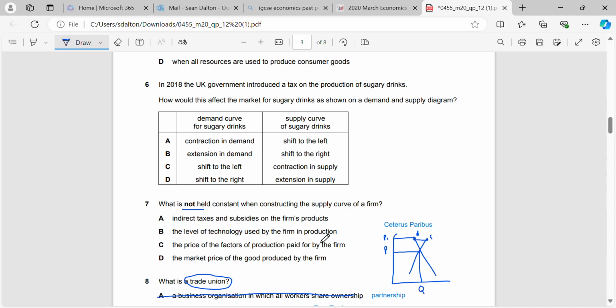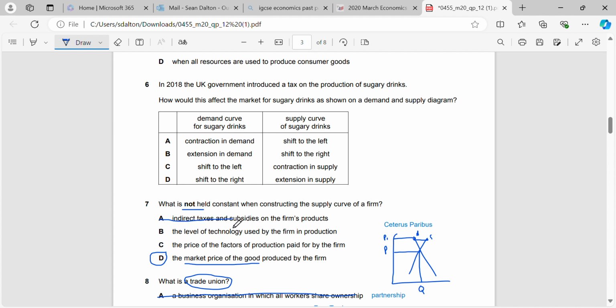Okay, so that's the idea of ceteris paribus. So if we match that up here, the thing that's not held constant is the price of the good. That can change. All of the factors that shift demand and supply, they will remain constant.